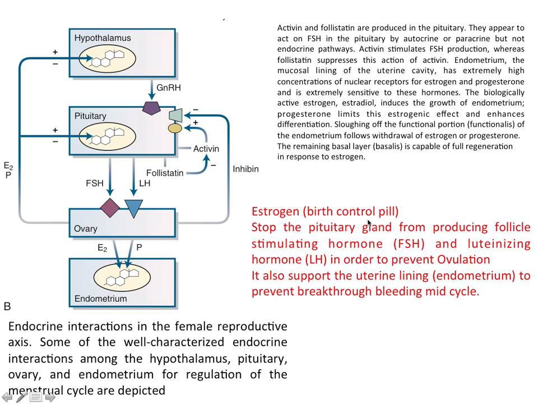Once the FSH is decreased, it decreases follicular differentiation, so the egg is not produced properly, and further it inhibits the production of LH, and ovulation cannot take place. Thus, estrogen works as a contraceptive pill or birth control pill.